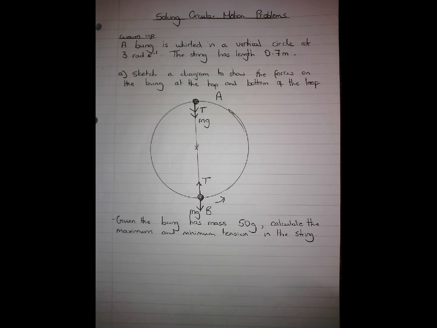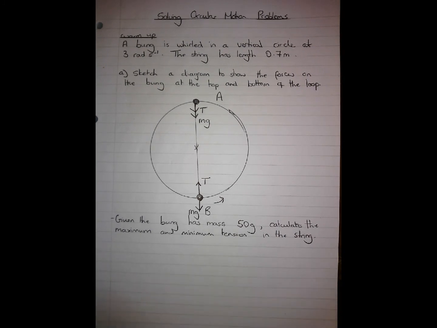For this next part, given that the bung has mass 50 grams, calculate the maximum and minimum tension in the string. So for this, we've got to use that key formula that I was talking about on Thursday. It really is important that you follow the same process each time with these problems, because otherwise you'll get mixed up and make a mistake with the directions.